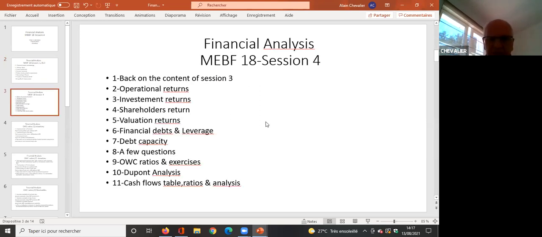If now I move to my third slide here, this is the list of the following topics. We are back, of course, on the content of session 3. Now we have to study operational return, investment returns, shareholder returns, valuation returns, financial debts and leverage, debt capacity.